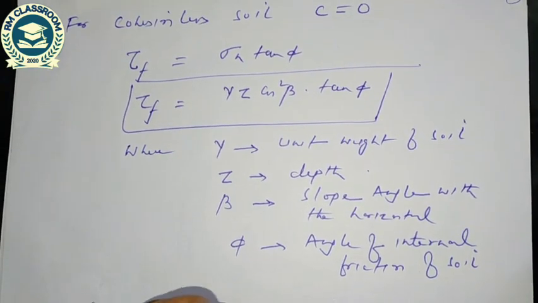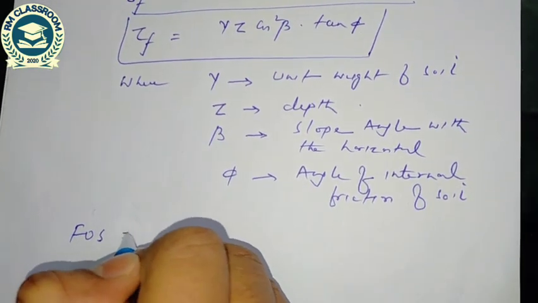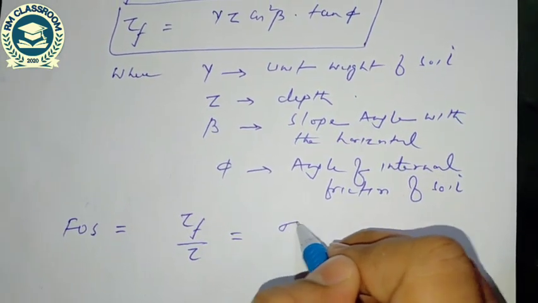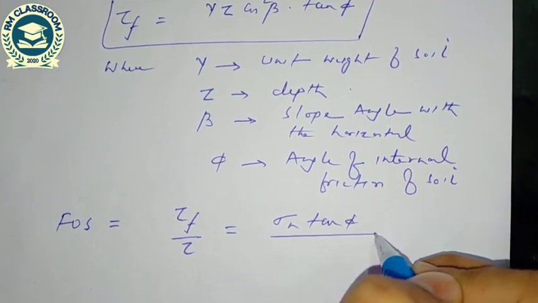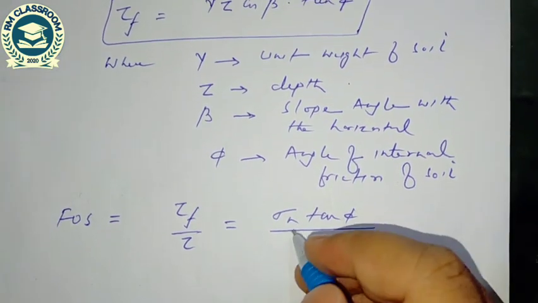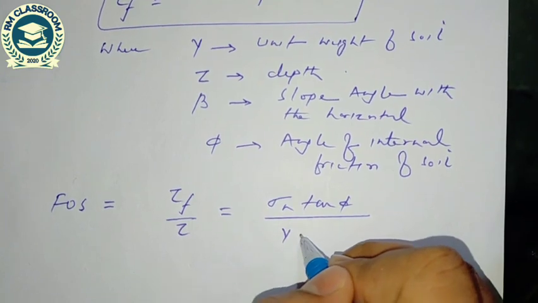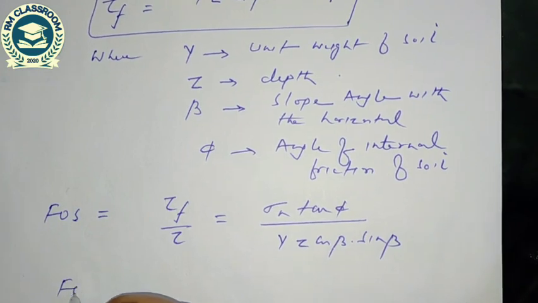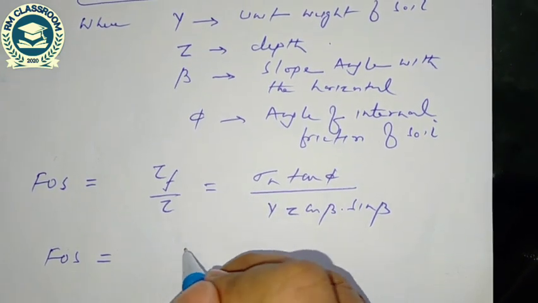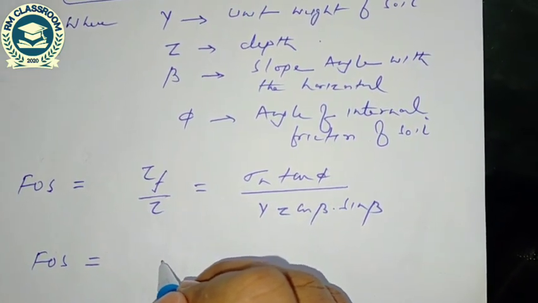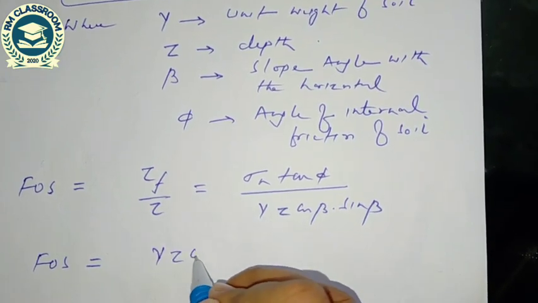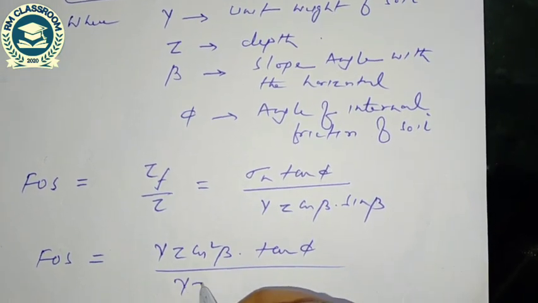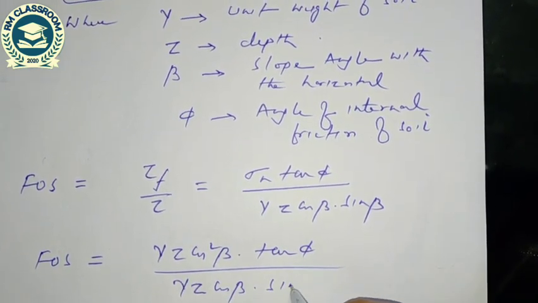So factor of safety for cohesionless soil is nothing but tau f by tau, and tau f is sigma n tan phi divided by tau, the expression of shear stress we have computed, gamma z cos beta into sin beta. So factor of safety for the cohesionless soil is gamma z cos square beta into tan phi divided by gamma z cos beta into sin beta.